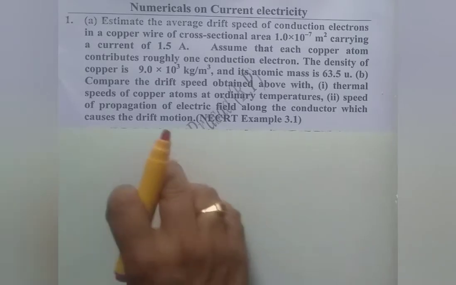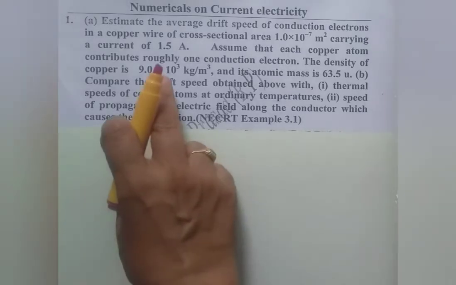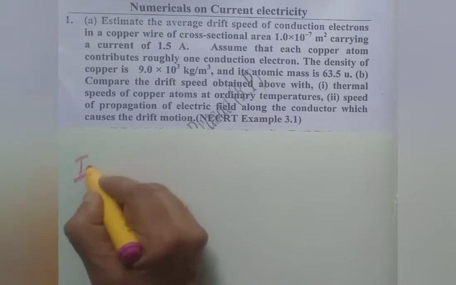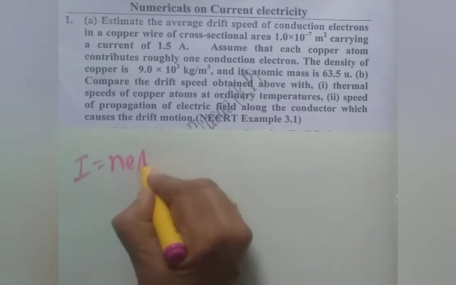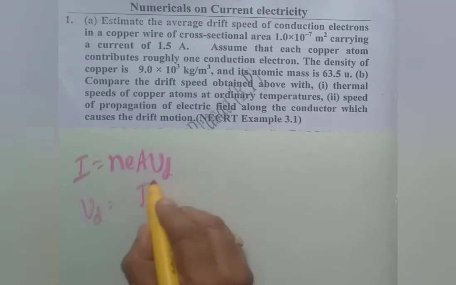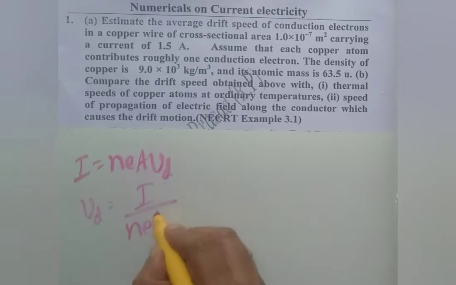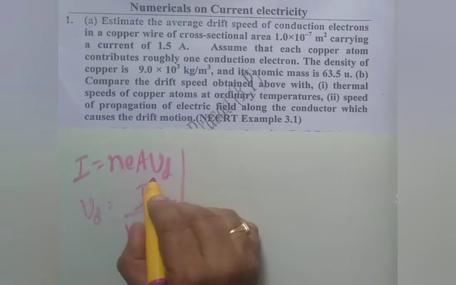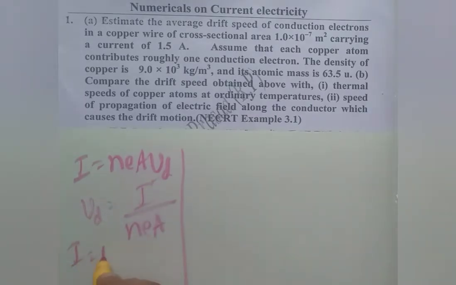Say we first calculate drift velocity. For that we write the formula I is equal to NEA VD. So VD equals I by NEA. Here we know I. I is given to be 1.5 ampere.